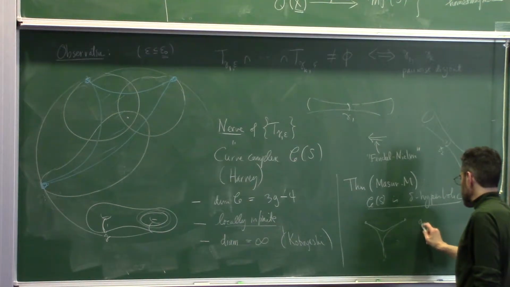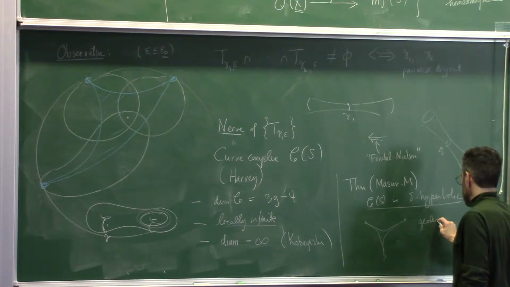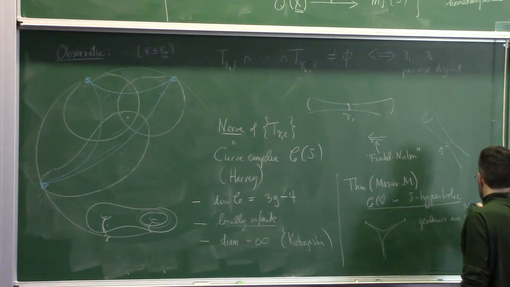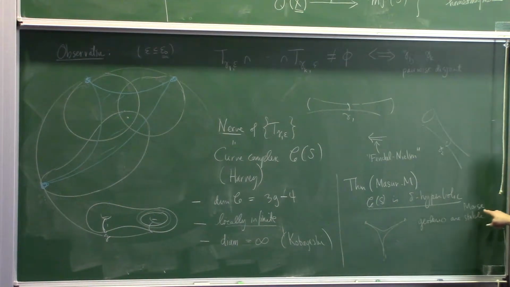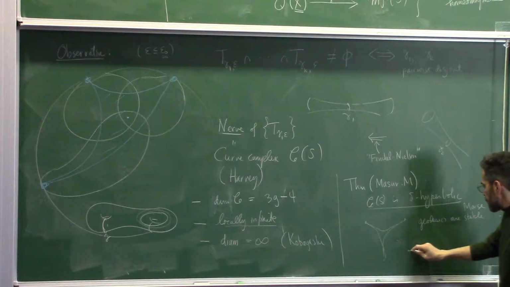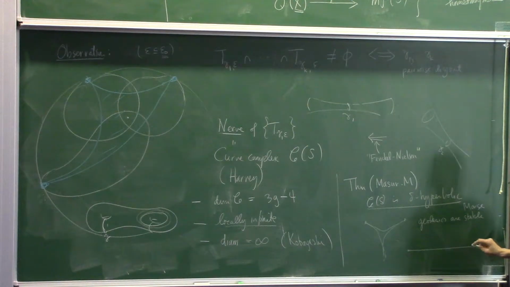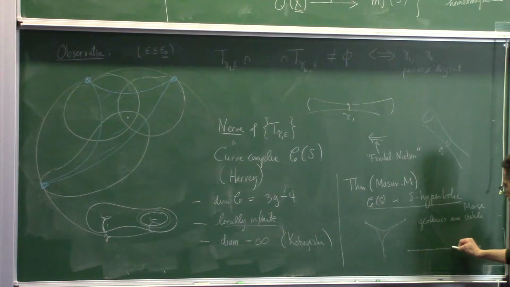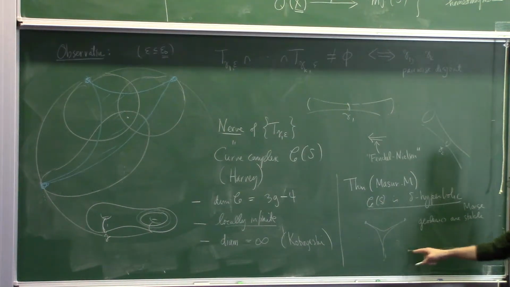Another fact is geodesics are stable. Which is to say, Morse, I guess. The current term for it, right? If you have a geodesic in this, it's a combinatorial space now. It's a complex. So a geodesic is some sequence of edges of minimal length between the endpoints.